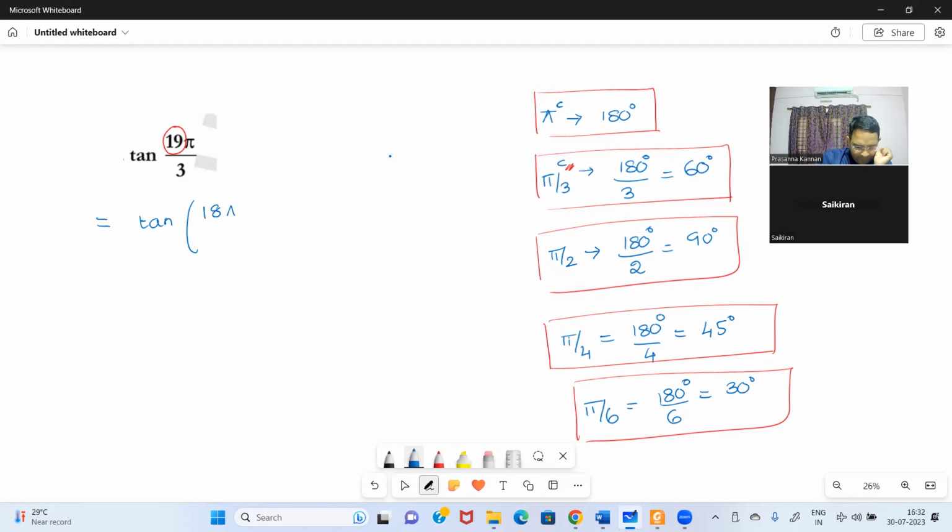Yes, 6 times 3 is 18. So can I write 19 pi as 18 pi plus pi? What is 18 by 3? 6 pi. Can I write it like this? 18 pi by 3 plus pi by 3. Clear?